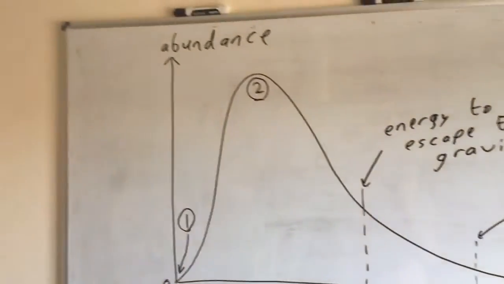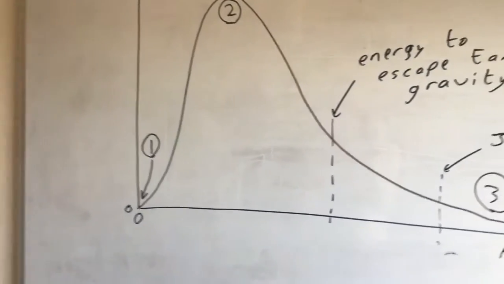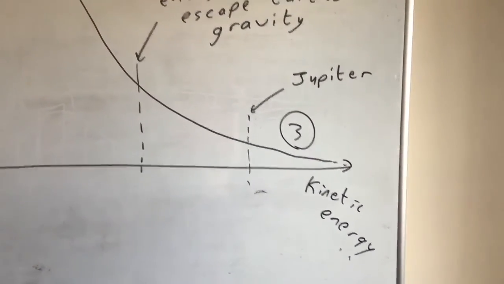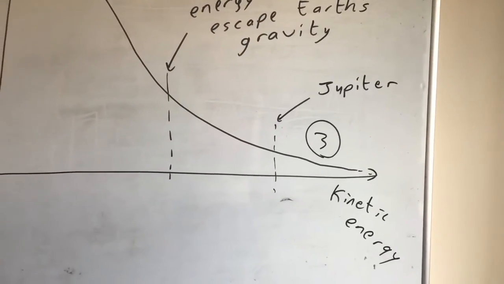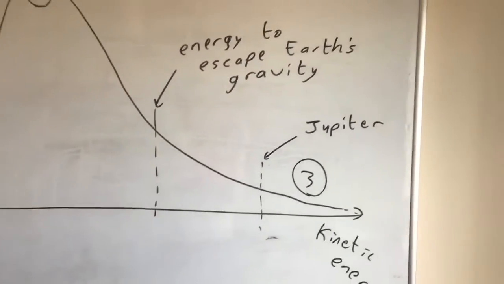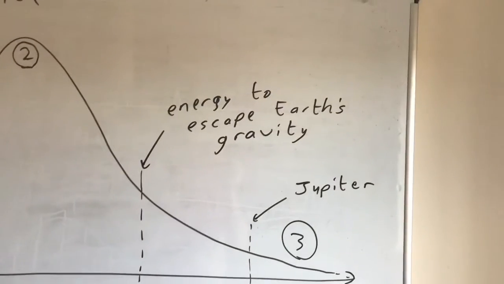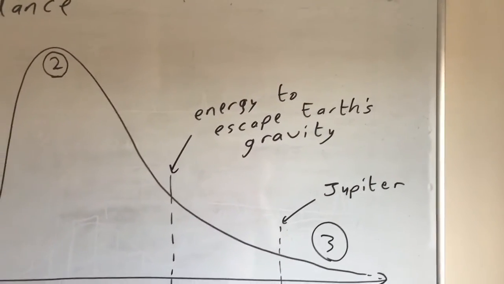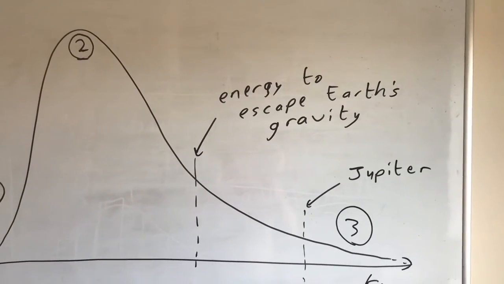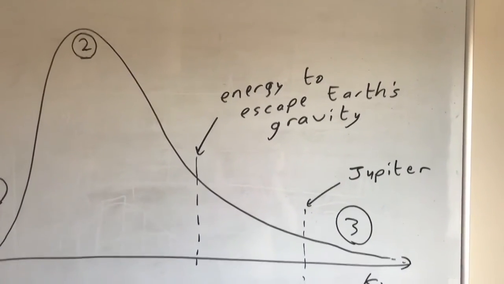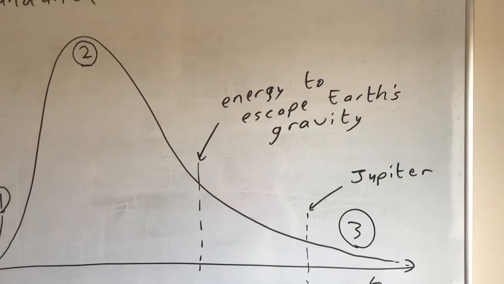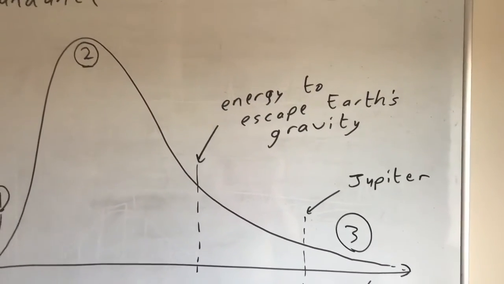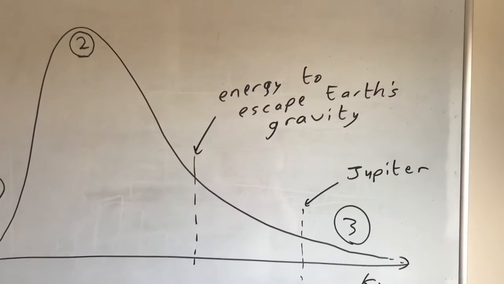So here's the distribution, the Maxwell Boltzmann distribution, and we're just playing a little game here about escape velocity. You can imagine that in order to escape Earth's gravity, you would need to have a certain amount of kinetic energy to get up and out of Earth's gravity. This gives rise to a term called the escape velocity of a planet, which for Earth is about 11 kilometers per second.